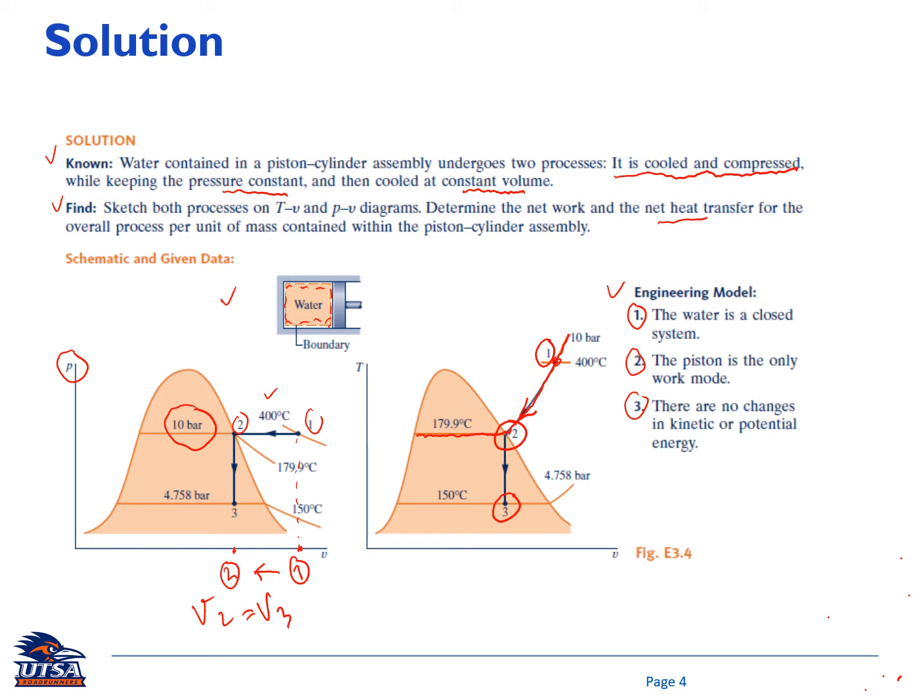You can see here, state number 1 is superheated, state number 2 is saturated vapor, and state number 3 is a mixture between liquid and vapor.